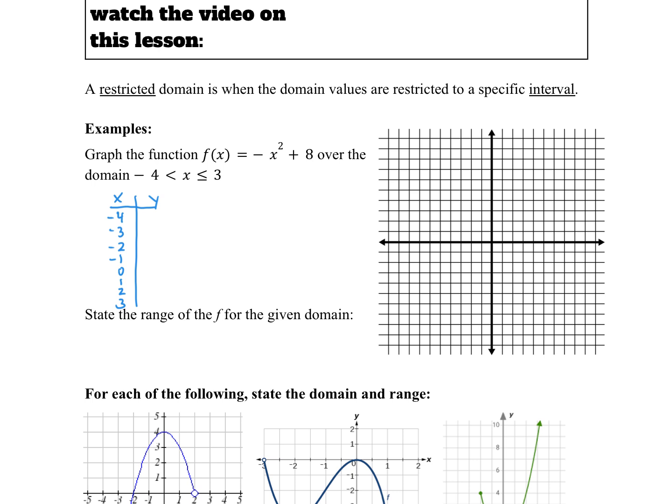And then again, from my calculator, I get the corresponding y values: -8, -1, 4, 7, 8, 7, 4, -1.